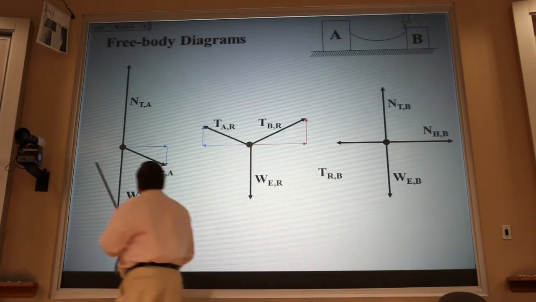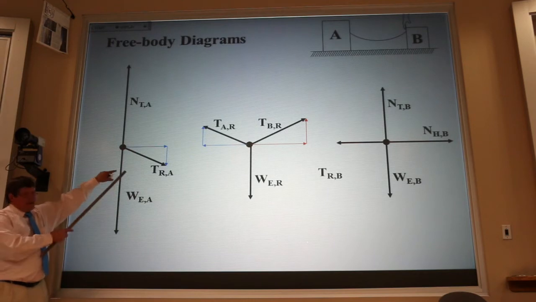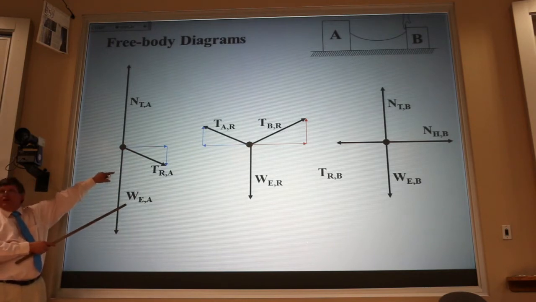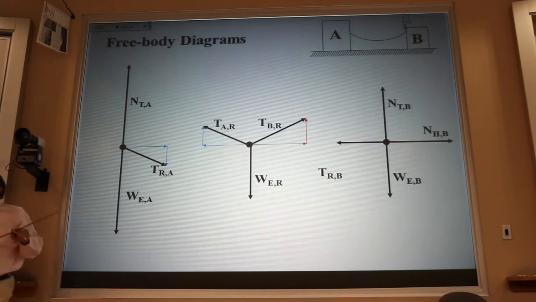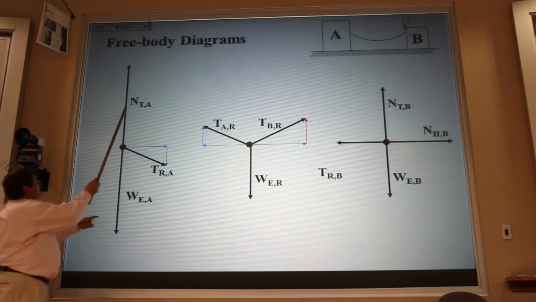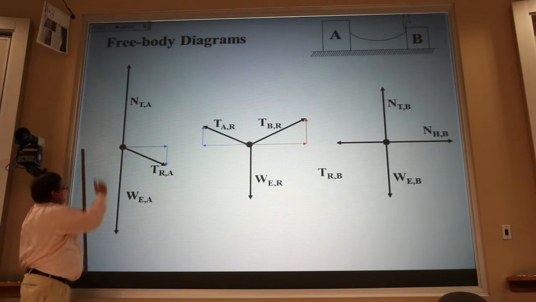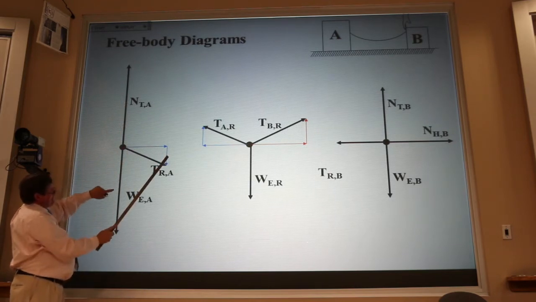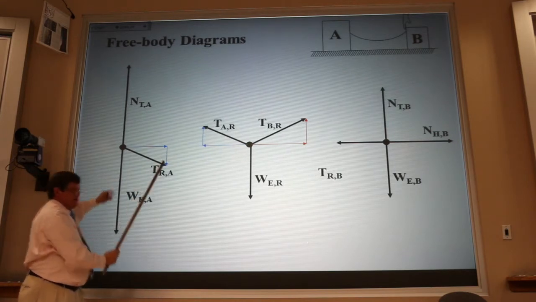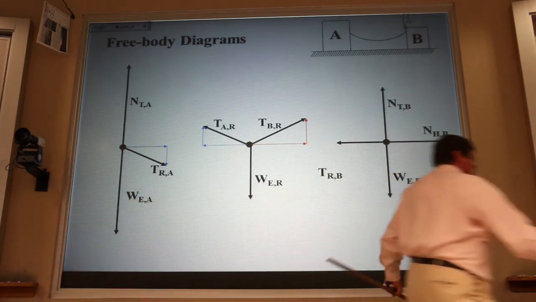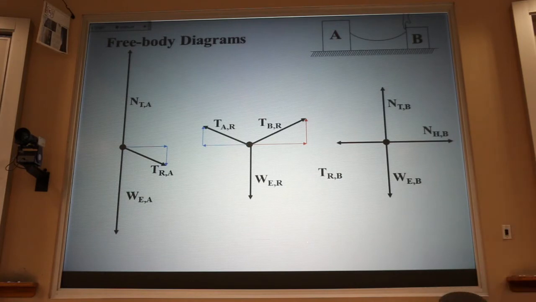Now, if this weight, I'm making this up, is 60 newtons, is this normal by the table 60 newtons? Yes or no? No, because there's no acceleration up or down. This force has to balance this force and this force. Both of these. Okay? And so that normal up has to be bigger than the weight.